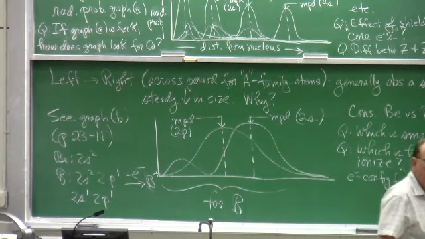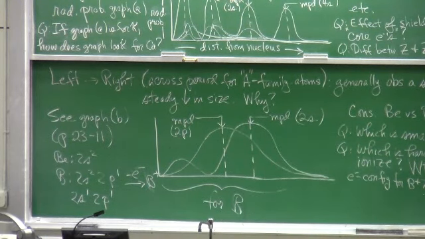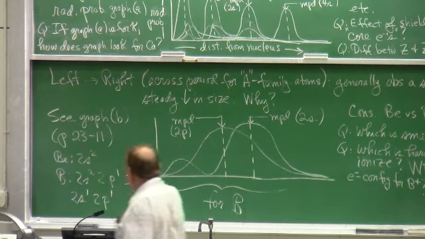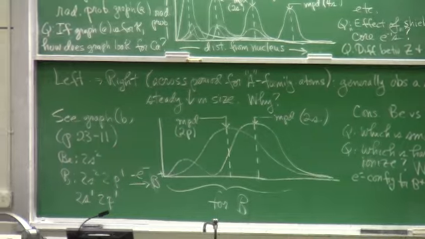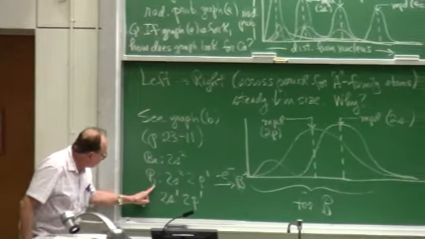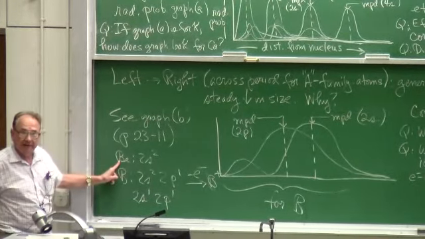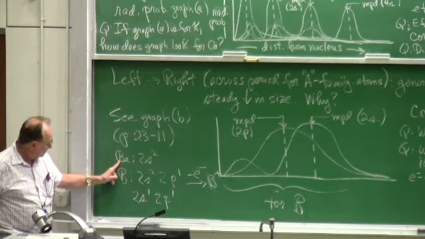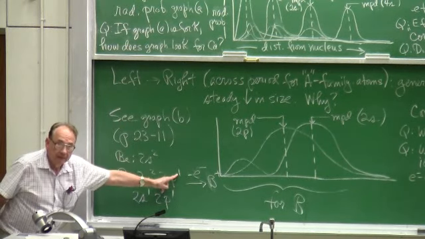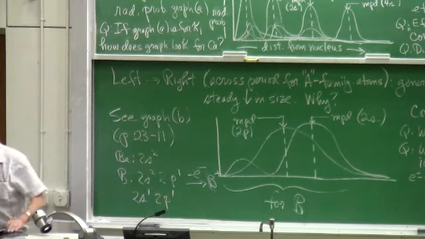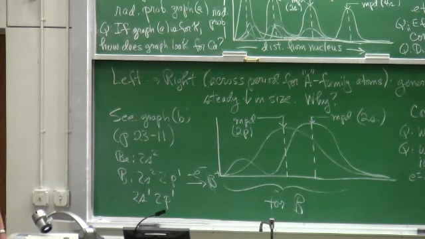What property would B single plus now exhibit? Also exhibited by B, but not exhibited by Be. What property? A property you learned about in 2045. What property does this atom have that this atom doesn't have? What property is exhibited by any atom that's got at least one half-filled valence orbital?